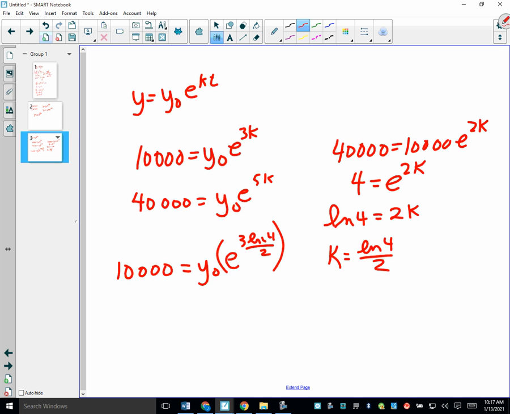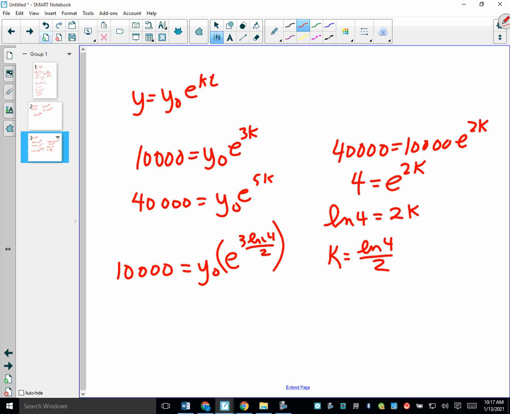On 26A, would you use a half-life formula to find the half-life? That's where it comes in. The negative 0.005 is k, because that's the formula. Does that make sense?